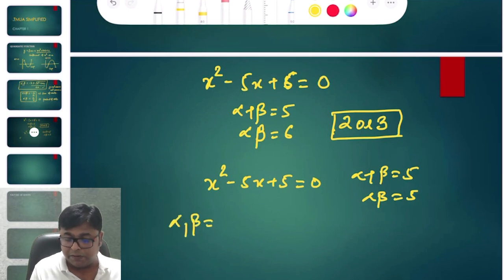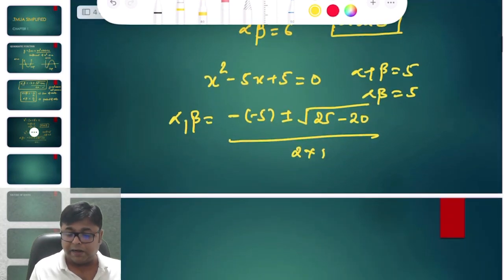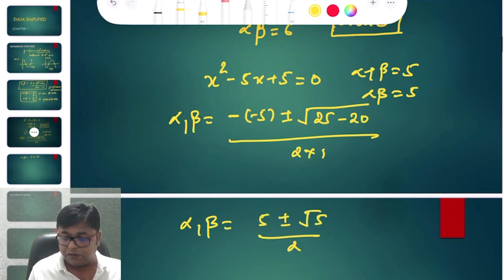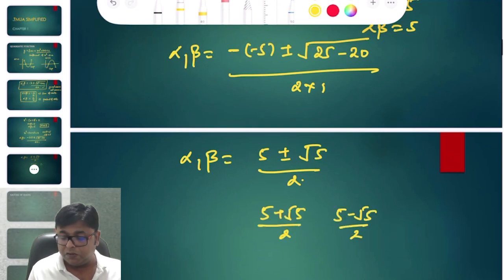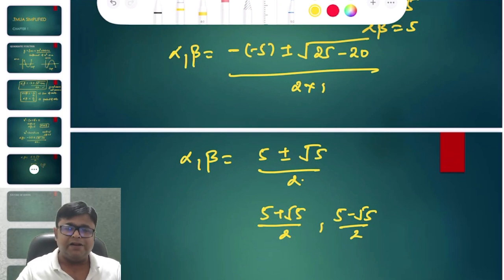So I'll say minus b is minus 5, plus minus under root b square, which is minus 5 squared is 25, minus 4ac, 4 into 5 into 1, which is 20, upon 2 into 1. So the two roots that I'm going to get will be 5 plus minus root 5 by 2. So one of the roots will be 5 plus root 5 by 2, and the other will be 5 minus root 5 by 2.